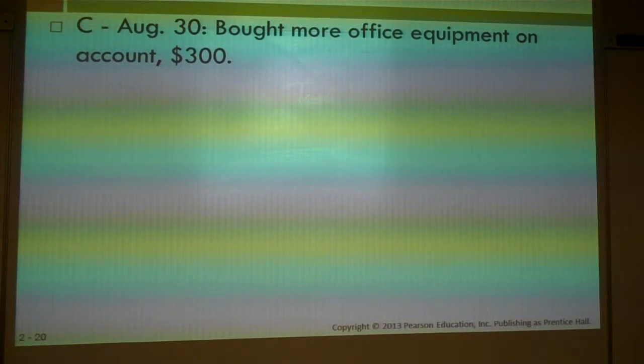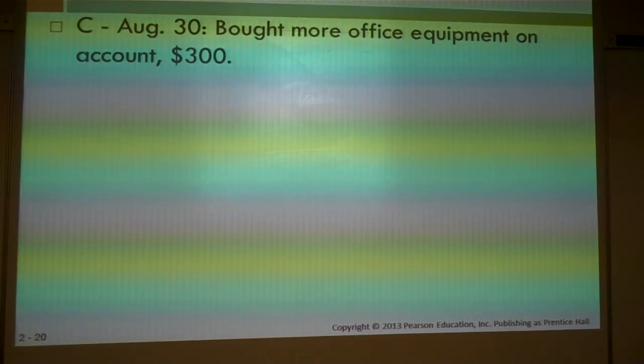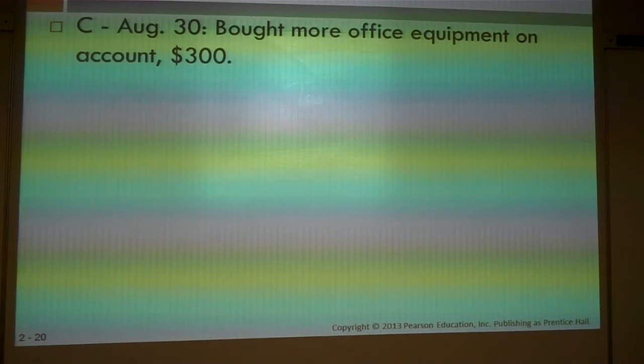The other account that was affected, accounts payable. Now that's a liability account. Do we remember where its normal balance is? Some of you might not remember, but if we know office equipment is the debit, what does accounts payable have to be? The credit.